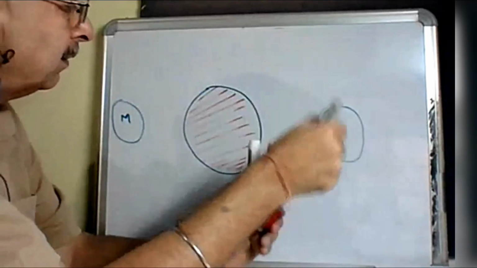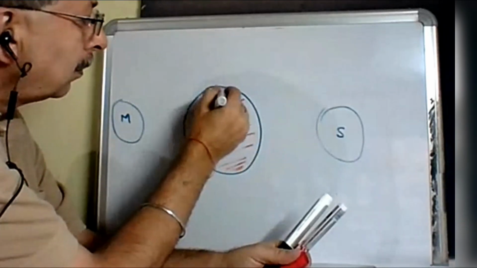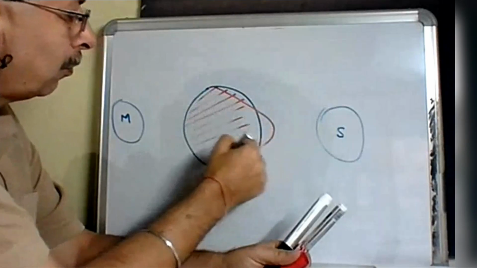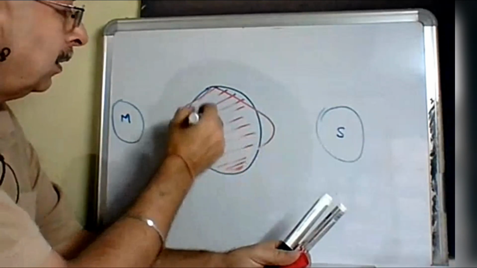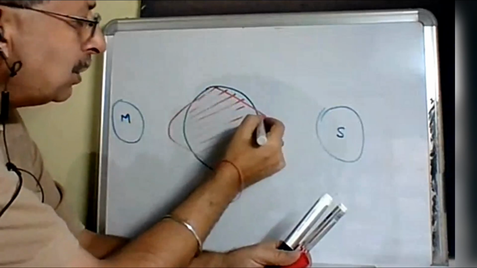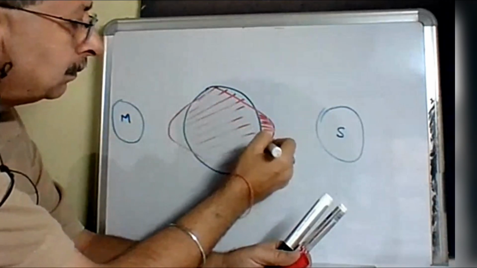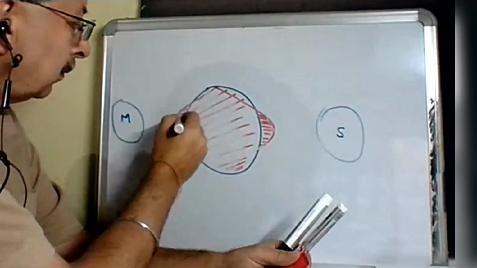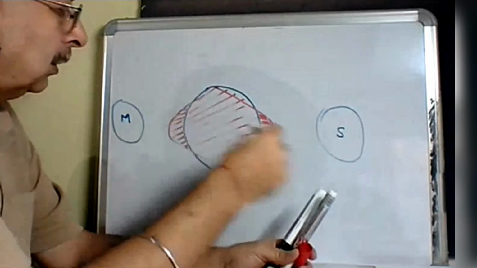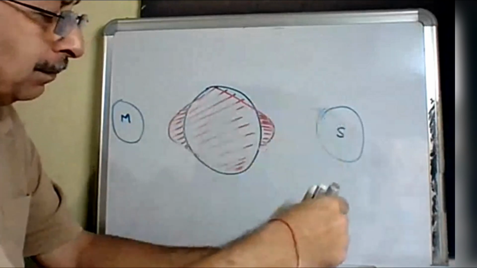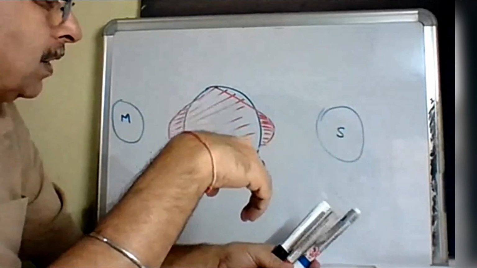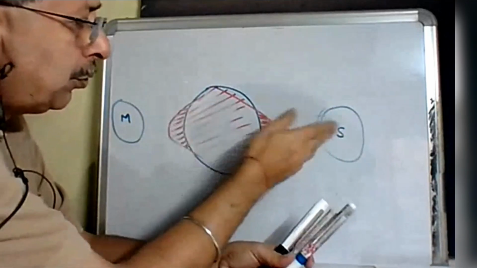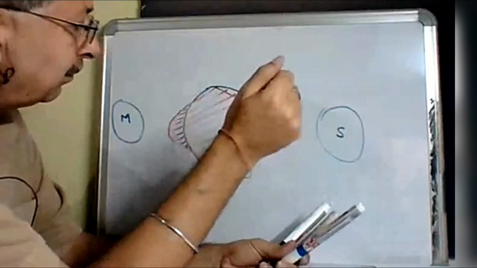As a result, the water will form a bulge towards the heavenly body. This bulge is due to the gravitational attraction.